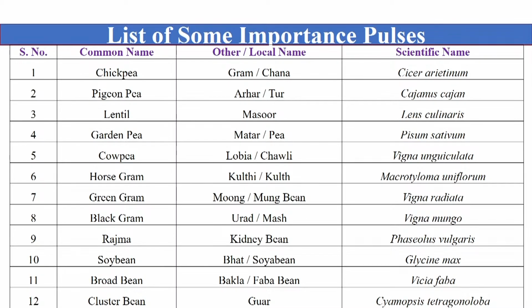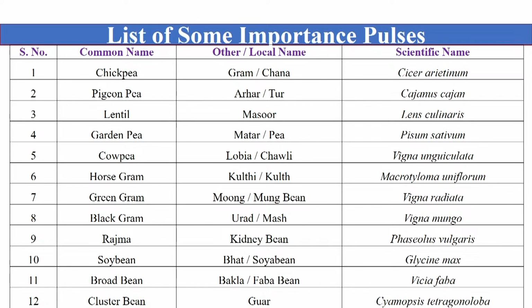Like that, lentil, that is masoor; garden pea, that is matar, Pisum sativum; cowpea, lobia; horse gram, that is kulthi; and green gram, moong bean in Hindi, Vigna radiata in botanical name. Also black gram, urad; rajma, also known as kidney bean; soybean; broad bean, known in Hindi as bakla; and cluster bean, that is guar in Hindi.